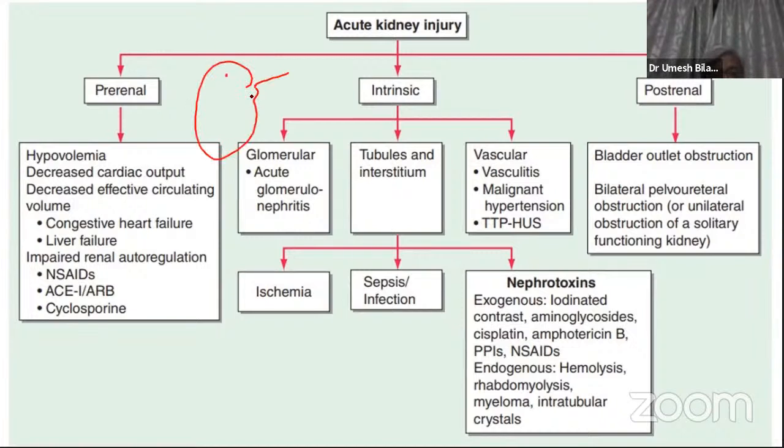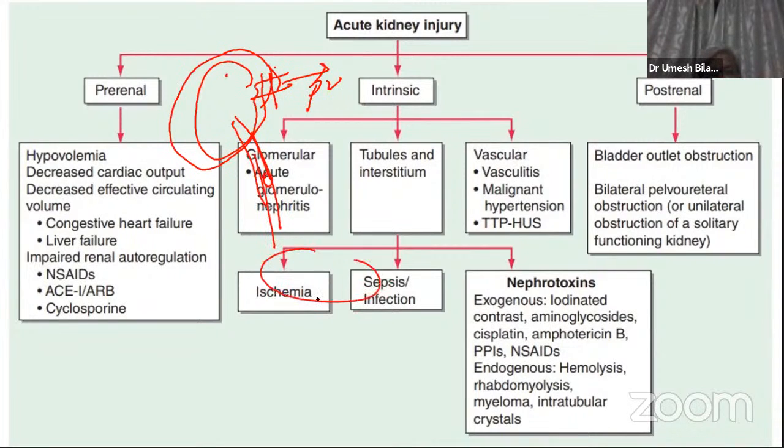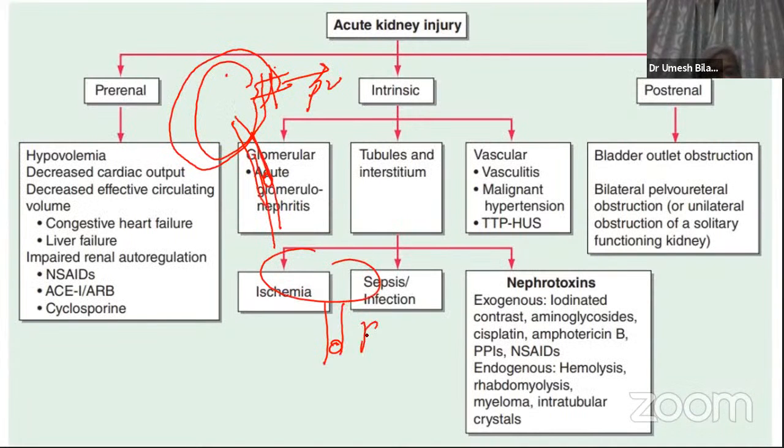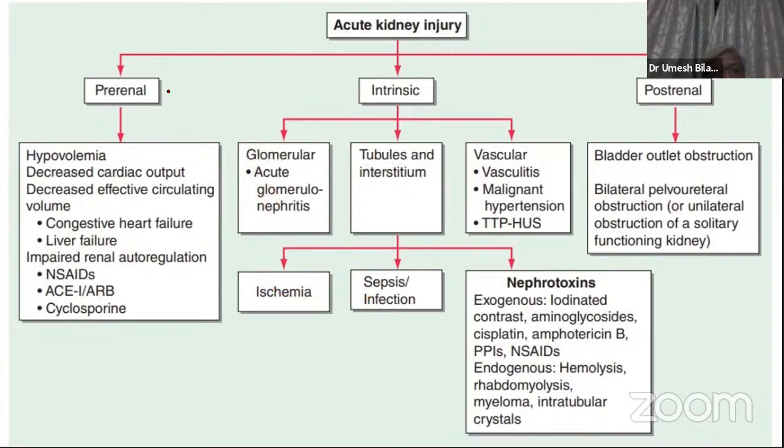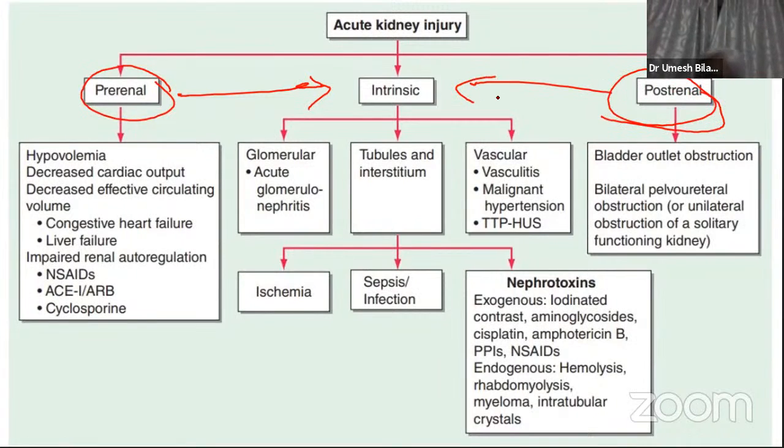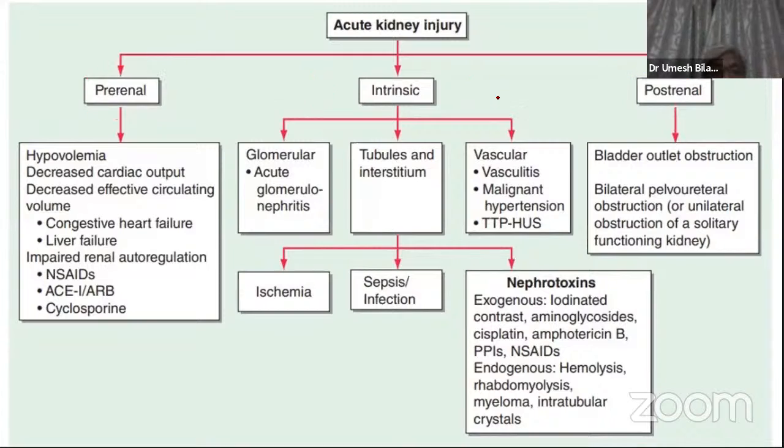This is the kidney, and these are the ureters. Diseases which occur before entering the kidney are pre-renal. Diseases inside the kidney are renal, and diseases secondary to ureter, bladder or urethral obstruction are called post-renal diseases. Of course, pre-renal doesn't mean it can't induce intrinsic renal disease. Post-renal disease can also develop intrinsic kidney disease over time if it is not treated.